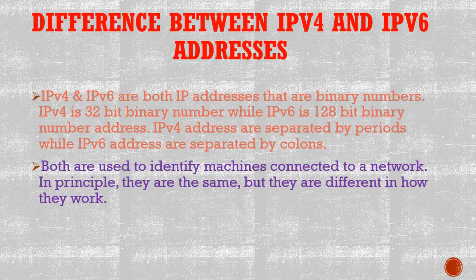Whenever we want to separate those binary numbers, in an IPv4 address the bits get separated by the period sign, and IPv6 addresses are separated by the colon sign. Both are used to identify the machines connected to the network, and in principle they are the same, but they are different in how they work.